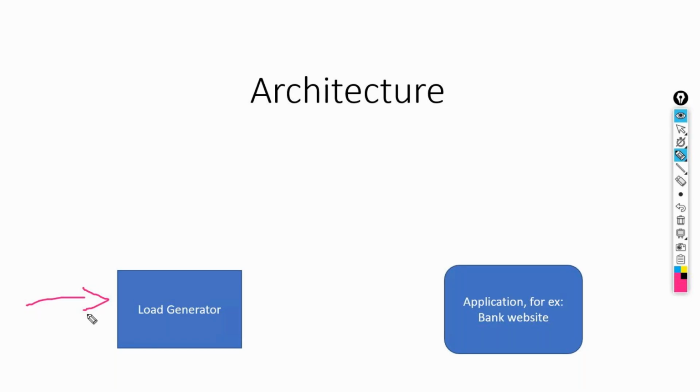Each machine, based on its configuration, will support some X number of users, like 500 or 1000. How many users each load generator machine will support depends on different factors, which we will discuss later in the course. But at present, I can tell you that every load generator machine will be able to generate some X number of users, like 500, 600, 300,000 like that.